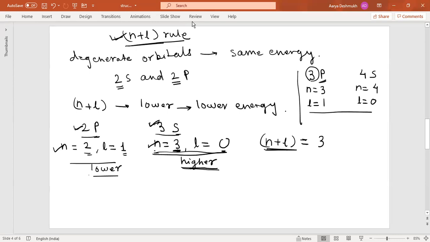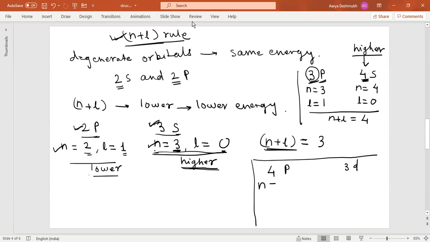So in both these cases, what is the value of n plus L? It is 4. Which one will have the higher energy in this case? This 4s will have higher energy because its principal quantum number is higher than this one. Now next you can quote another example, like 4p and 3d.